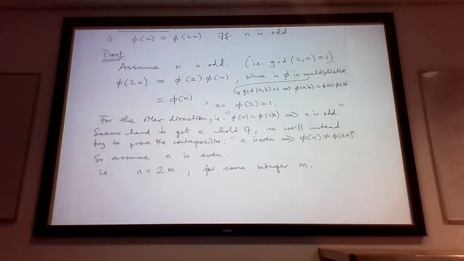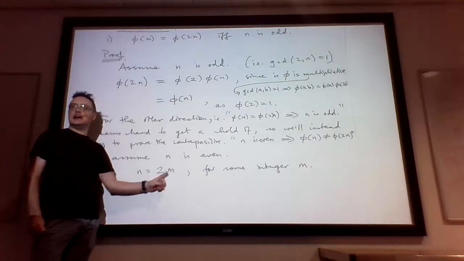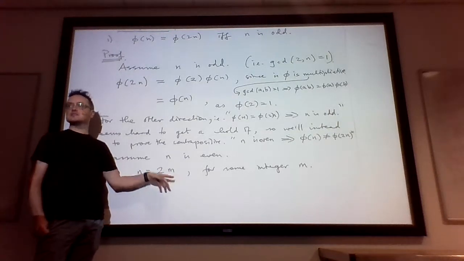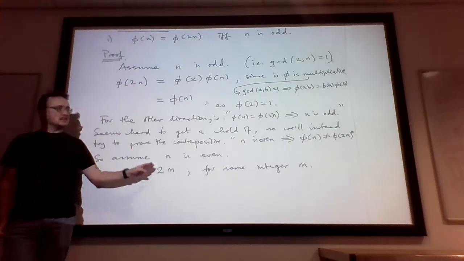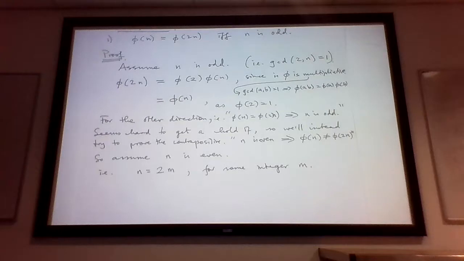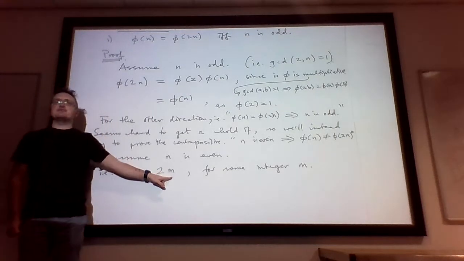That's the point. You can't do that with every integer n. You can't just assume you can take a 2 out of an integer and leave an integer behind, because it might be odd. But we're told n is even, so we should emphasize that fact. But now, what's this m that's left behind?